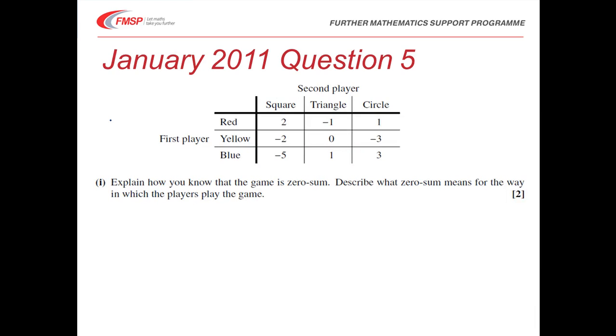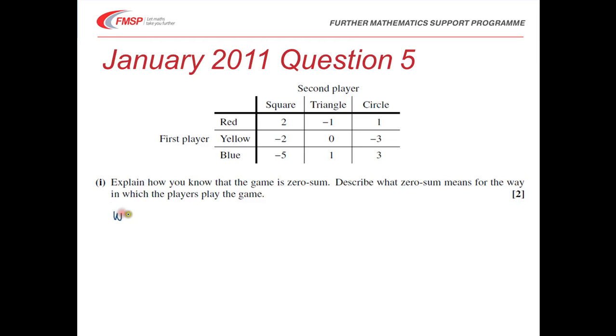It says, explain how you know that the game is zero sum. And that is because whatever the first player gains, the second player loses. Notice that's what we were told at the beginning, that if the first player gains something, then the second player will lose exactly that same number of tokens.